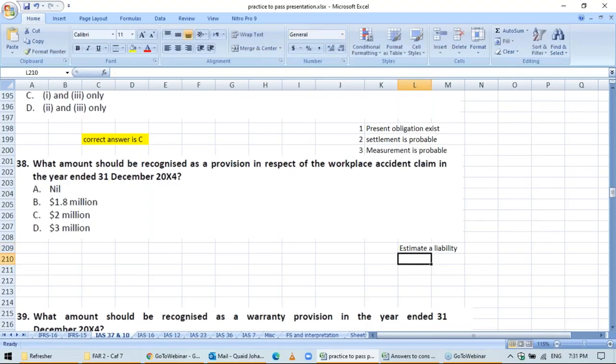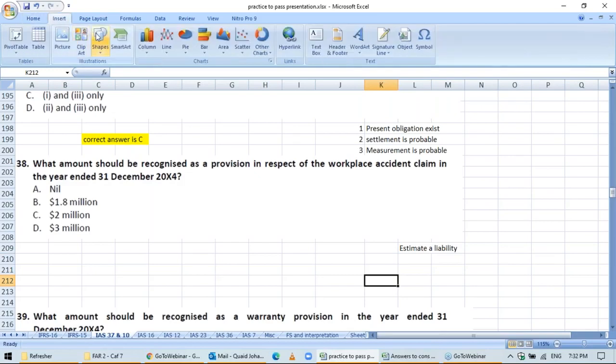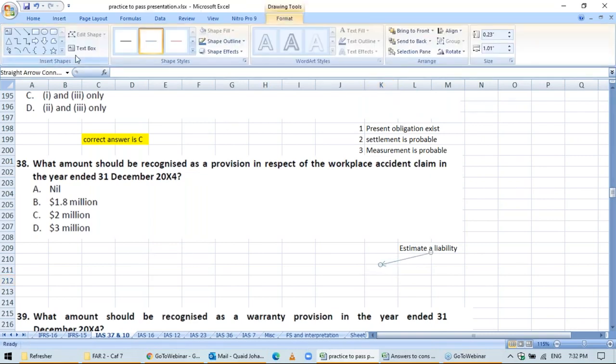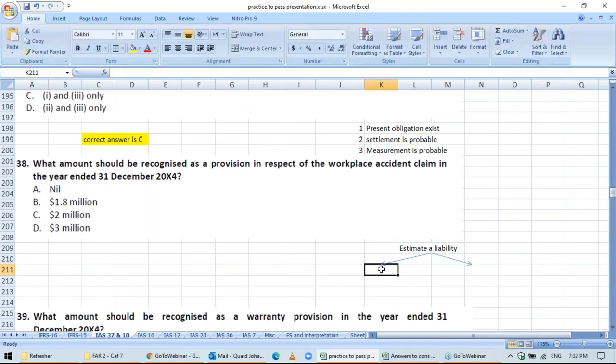When you are estimating a liability, first you need to know whether that payment will occur only once or it will occur again and again. Like in case of warranty provision, the warranty claim will occur again and again, but this employee accident will not occur again and again. It has occurred just once.